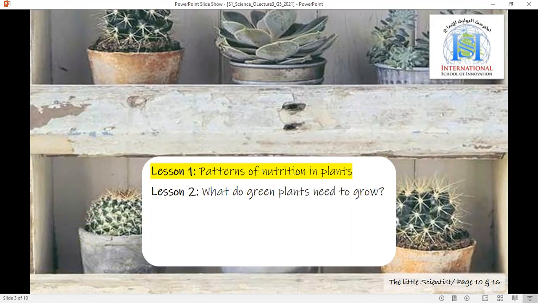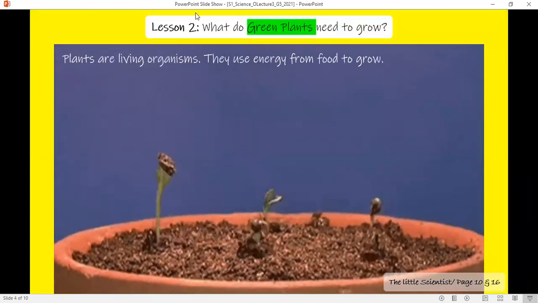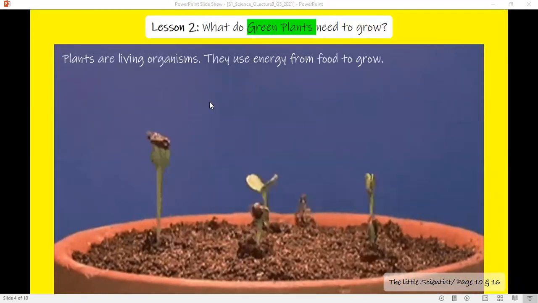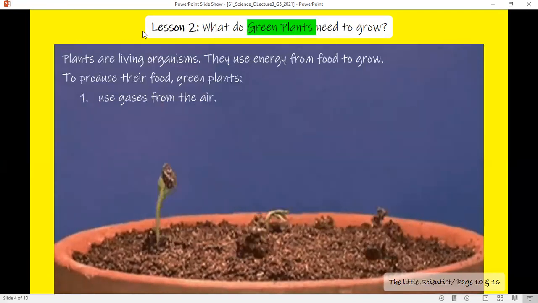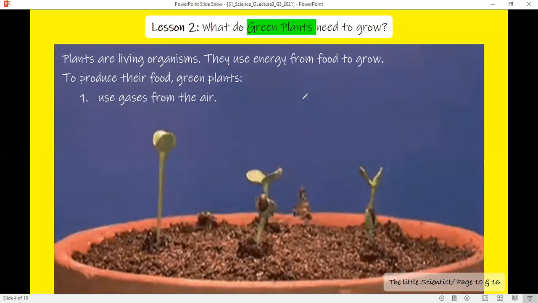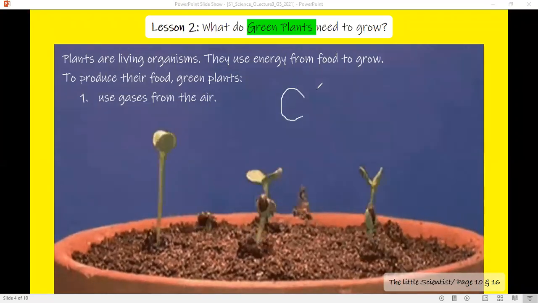What do green plants need to grow? Green plants are living organisms. They have different needs to live and grow. And to produce their own food, to go through photosynthesis, green plants need a gas from the air, which is carbon dioxide, CO2.